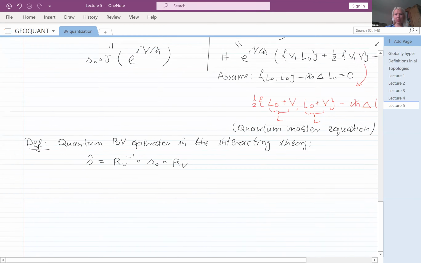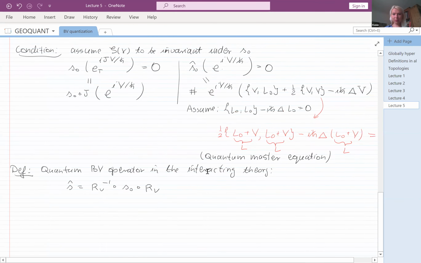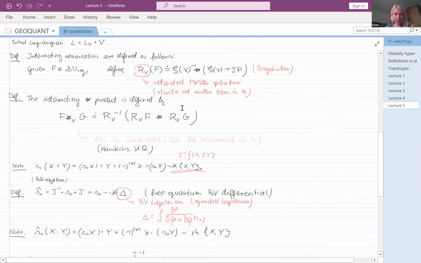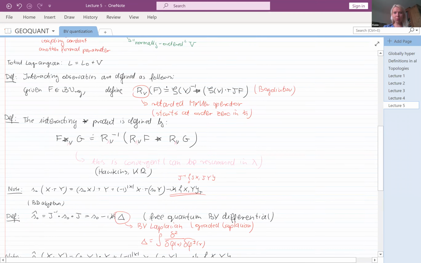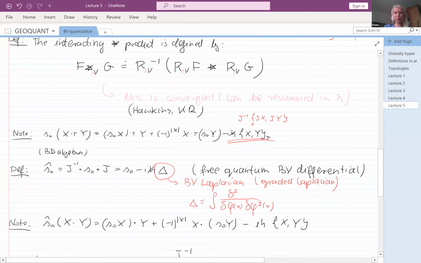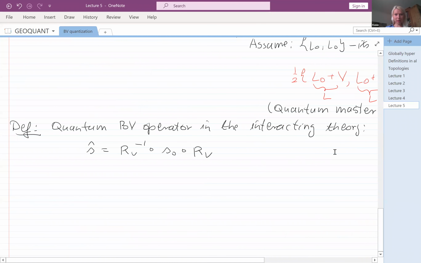So if you look back at the definition of RV for a second, if you now were to put V equals 0, this term goes, and what we are left with is just the T operator. So for V equals 0, so zero interaction, we are back to the free quantum BV operator.